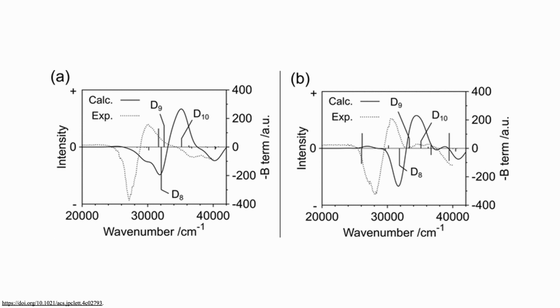So we're looking at the B terms of two different molecules we discussed here. And we can see that they definitely have differing intensities of B terms, signifying that the molecule on our left has much stronger mixing of their excited states than the molecule on the right.